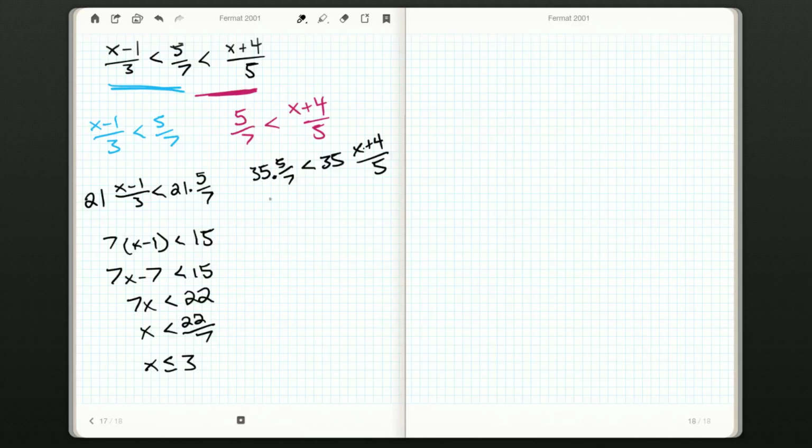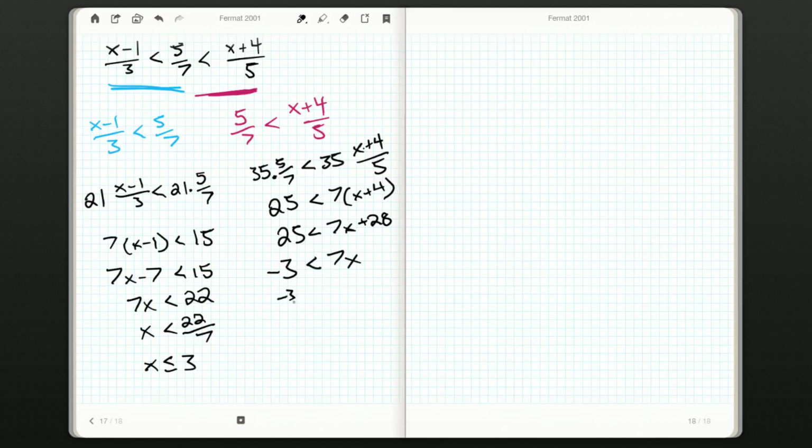And this becomes 25 is less than 35 divided by 5 is 7, 7 times (x plus 4). So 25 is less than 7x plus 28. If I wanted to get all the x's on one side, I would subtract 28 from both sides. That's going to give me minus 3, because 25 minus 28 is minus 3. So I need minus 3 is less than 7x. Divided by 7 on both sides.